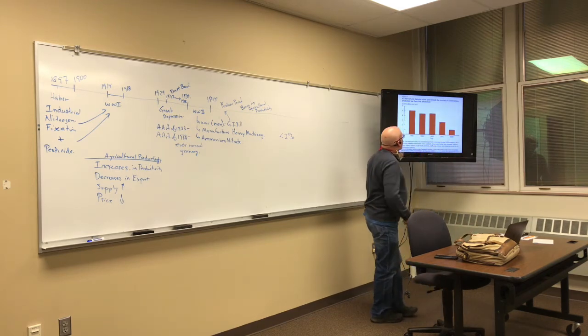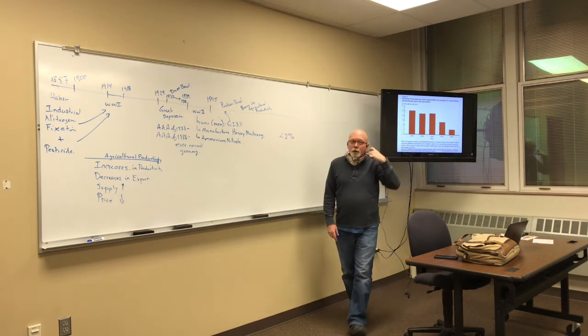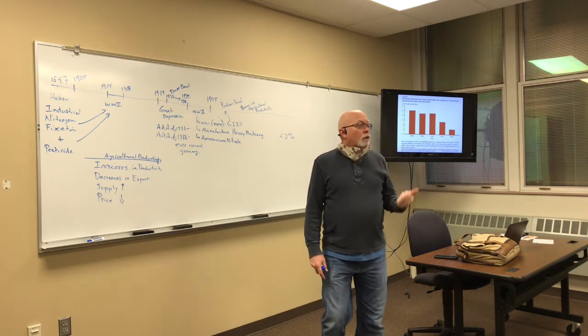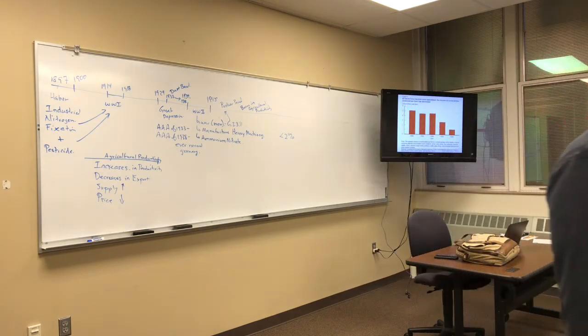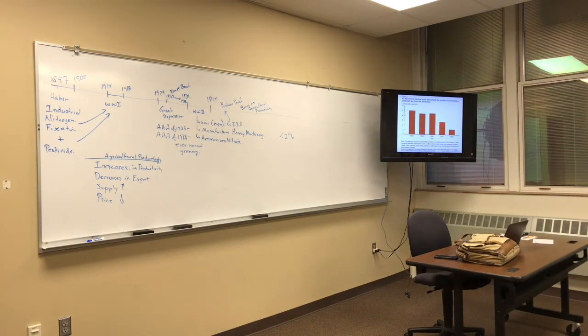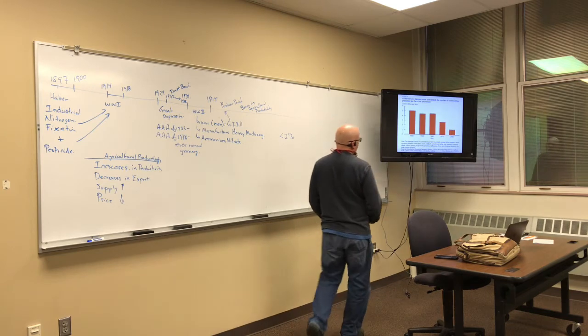And as farms have become more specialized, the number of commodities that they produce has also gone down. So farms are now larger. They're generally monocultures. They deal in one or two crops and nothing more than that. So farms have become larger, they've become less diverse, and they've become worked by fewer and fewer people over time. And so this is just kind of the change that has happened.